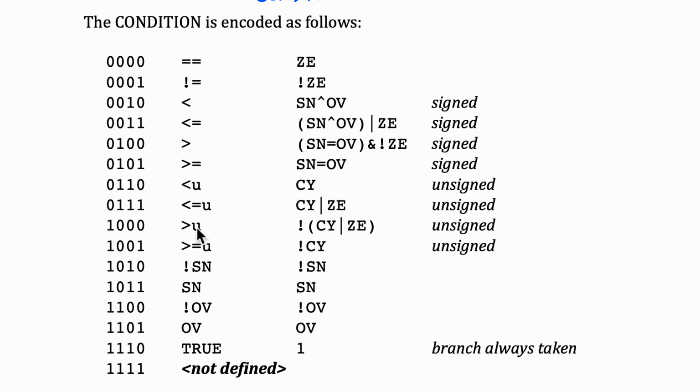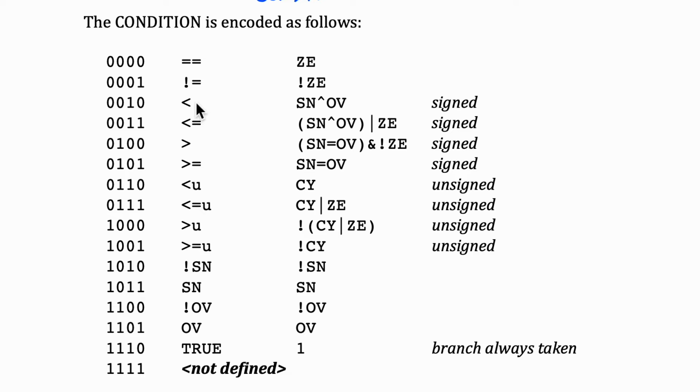And the greater than is just the logical opposite of the less than or equal. And we can see that going on here. And finally, the greater than or equal is just the opposite of the less than. So we see that the greater than or equal unsigned test is just looking to see whether the carry flag has been cleared after a subtraction or a compare instruction.